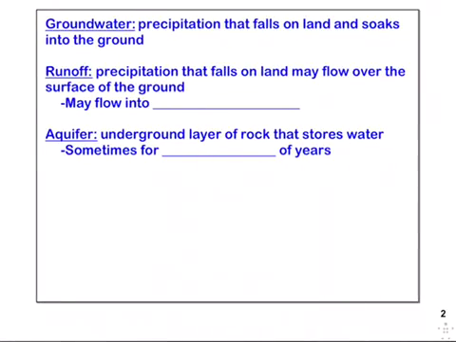So then the last three things dealing with the water cycle is groundwater. Groundwater is precipitation that falls onto the land and soaks into the ground. Remember when it rained, was that last week or 2 weeks ago? And it rained for like a million days straight, and then we got all these fields that are just flooded.